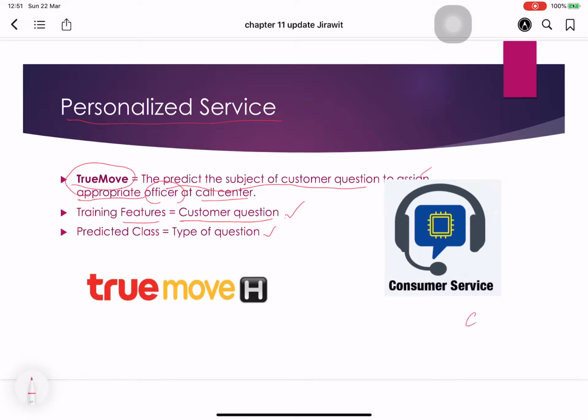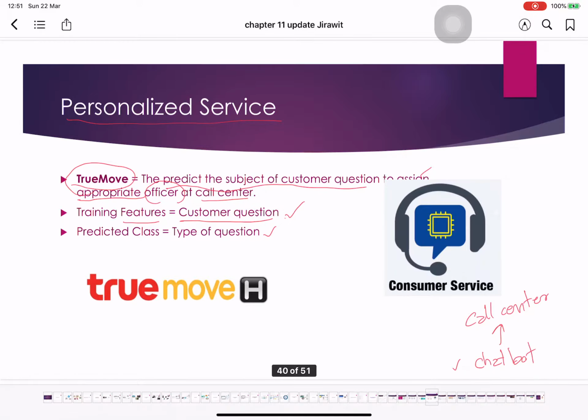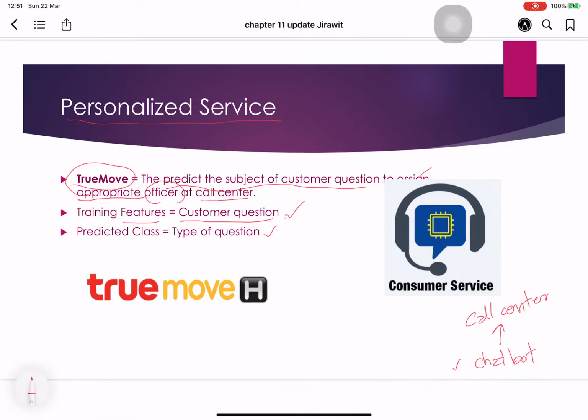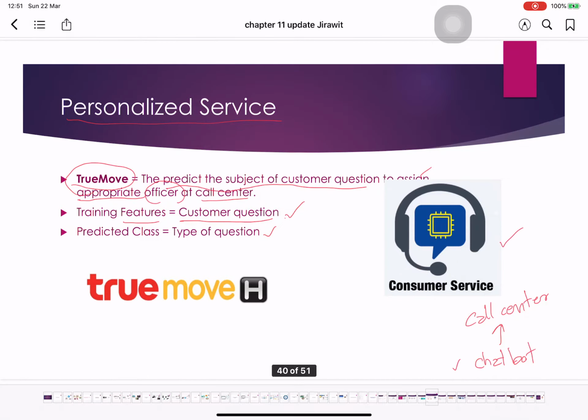This is a call center. It is quite close to a chatbot. In the future, when the customer asks a question to the counter service, they can answer right away.